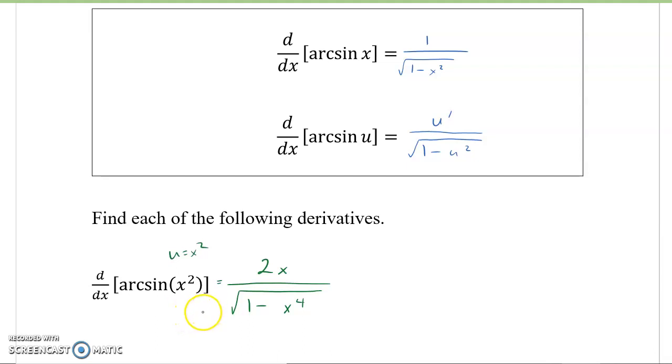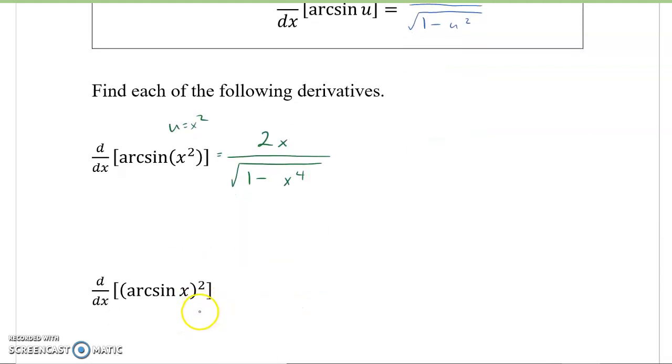That's our derivative. Okay? So what if we decide to change the order of the composition here? This is a composition of x squared and arc sine. This is a composition of squared and arc sine as well. It's just in the other order. So this time I'm going to let u equal the inner function of the arc sine of x, and we're taking the derivative of u squared.